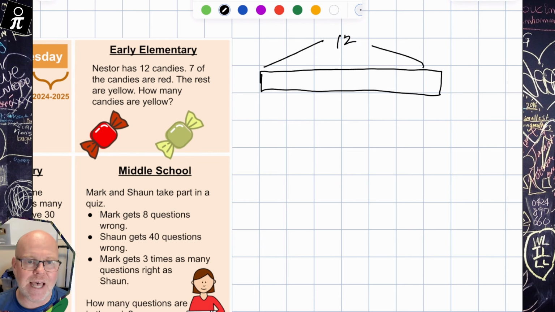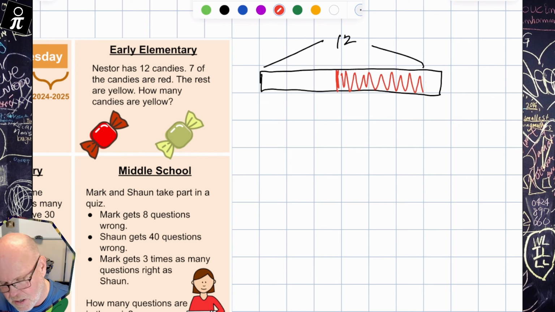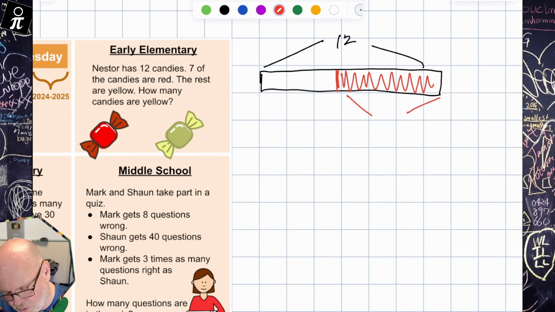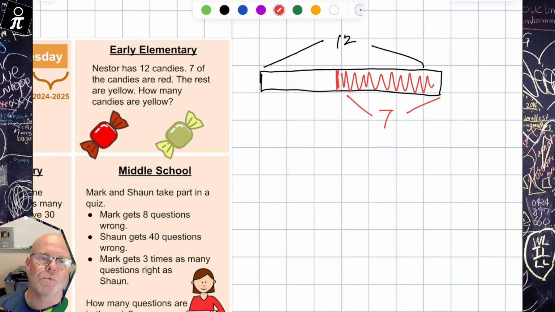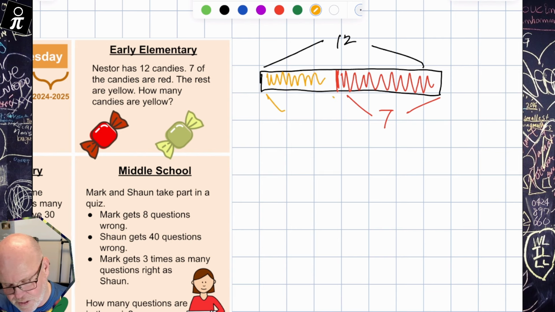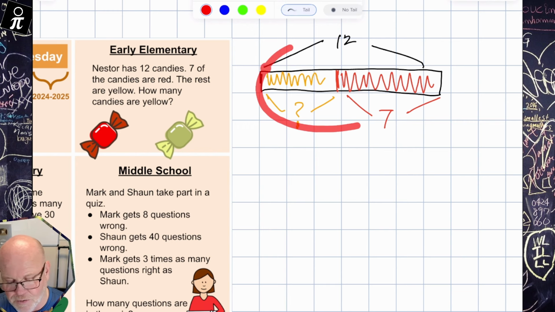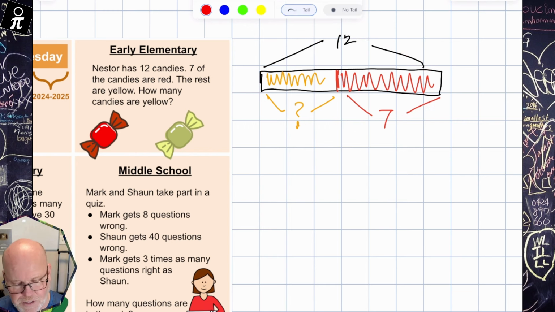And it says 7 of the candies are red. Okay, well, that's fine. So let's just say here are the red ones, and we're going to label that as 7. And it says the rest are yellow. So let's call this yellow. And it says we want to know how many candies are yellow. And there is our visual representation of this problem.